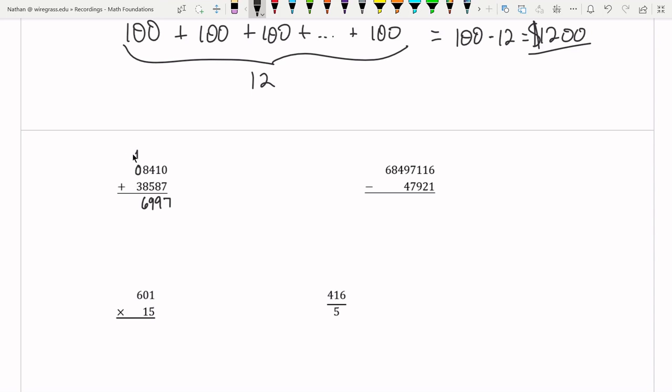So I'm going to carry that 1 up here. I'm going to keep the 6 from the 16 in the thousands spot, but then I carry the 1, and now 1 plus 3 is 4. So I have 46,997.